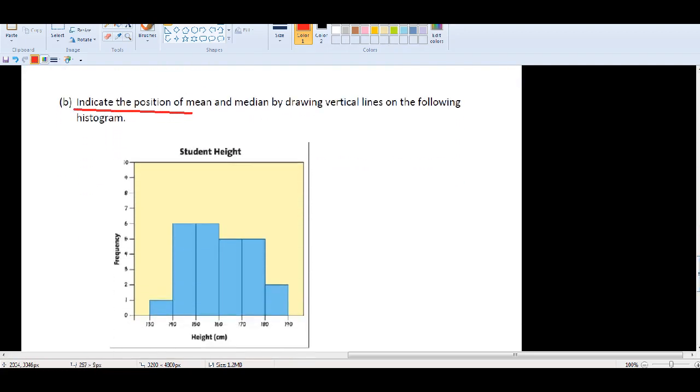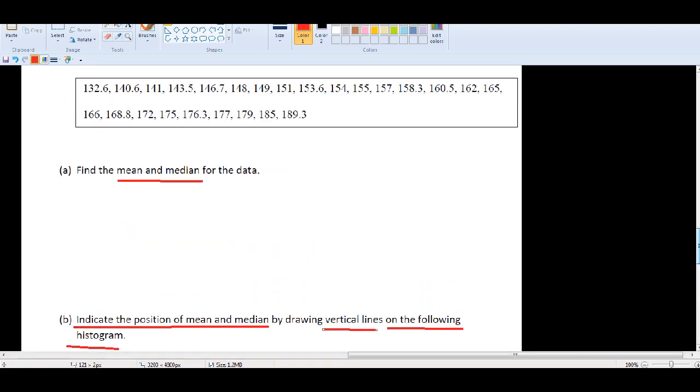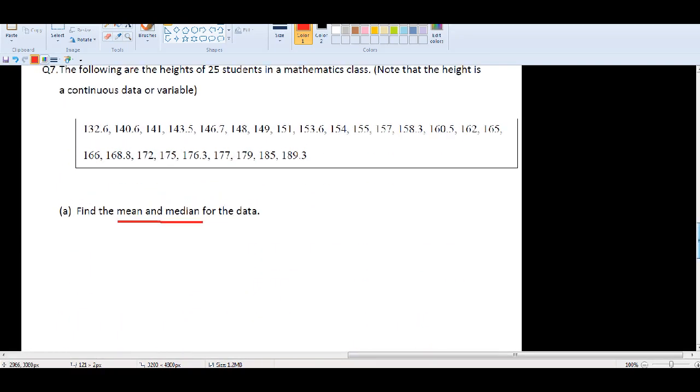And also, this is the main thing here: you need to indicate the position of the mean and median on the histogram by drawing vertical lines. So you need to draw lines on the histogram to indicate where the mean and median are. Alright, so of course you have to find the mean and median first from this group of data.